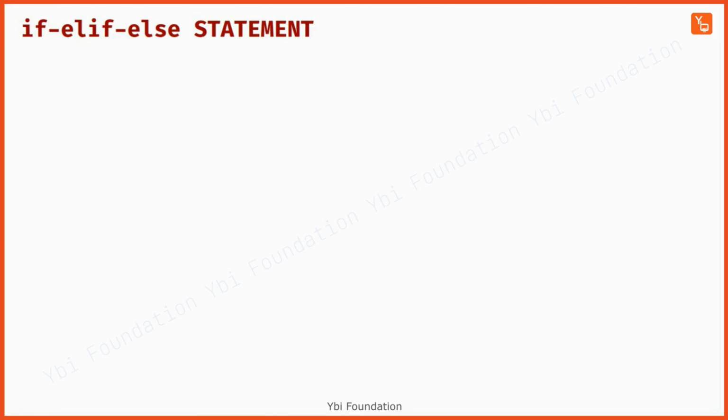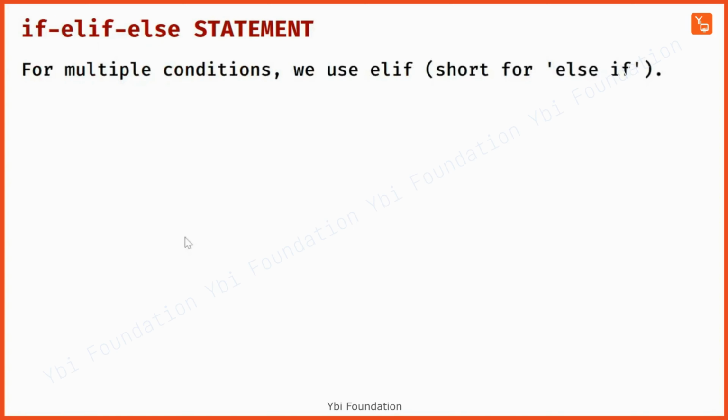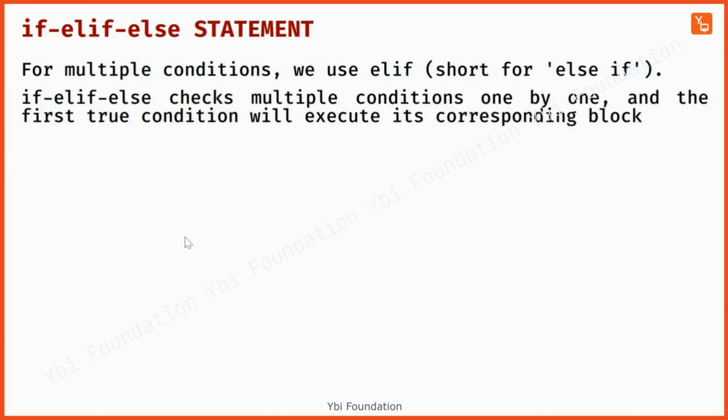In this case, we use elif, short for else if, for multiple conditions. The if-elif-else statement checks multiple conditions one by one, and the first true condition will execute its corresponding block. So whenever the statement gets the first condition as true, that will be the output of this if-elif-else statement.